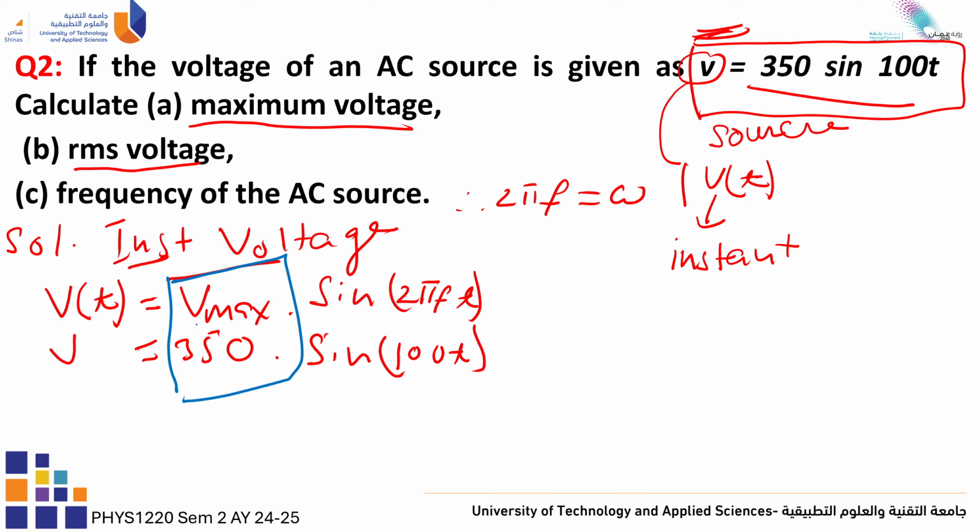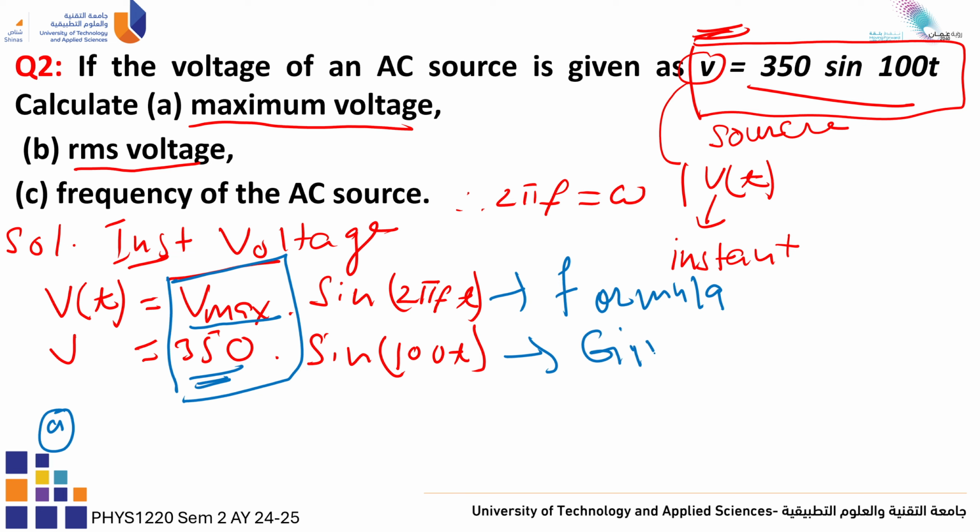At the place of V maximum, this number is coming. This is the answer for part A. This is the formula, a rule, and this information is given in the problem.